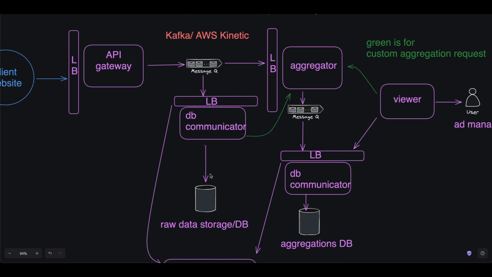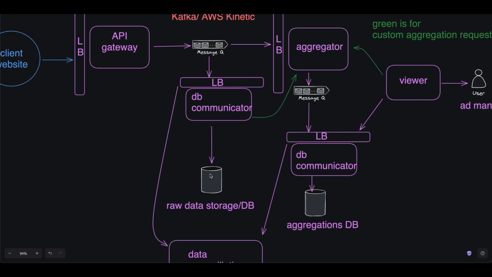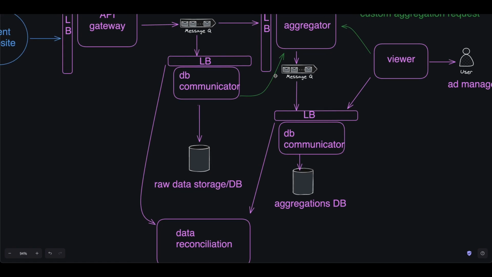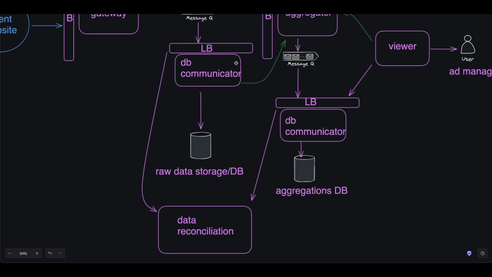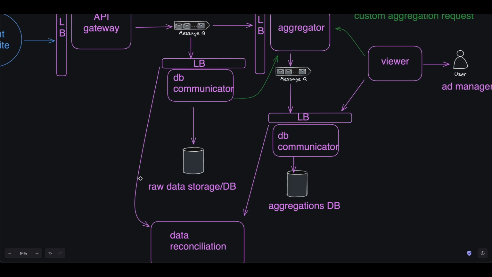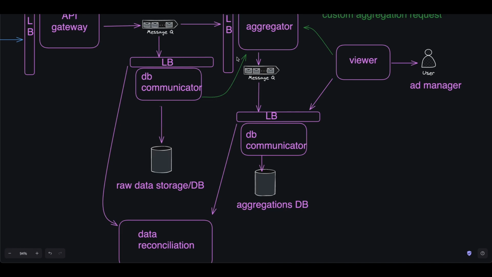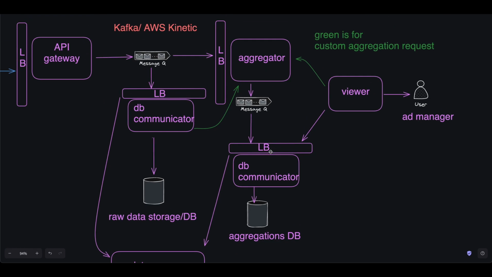And so afterwards, not in real time, say for example you aggregated for one day, at the end you can run jobs to aggregate from raw data again, and compare with aggregation results that you got from the near real-time solution.